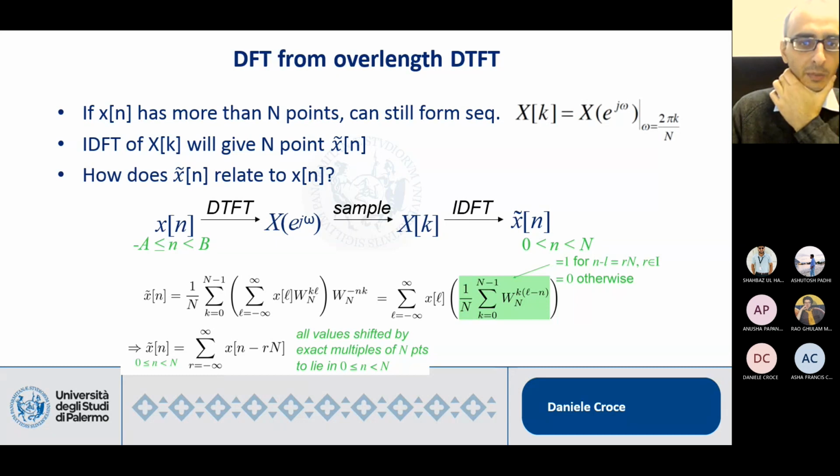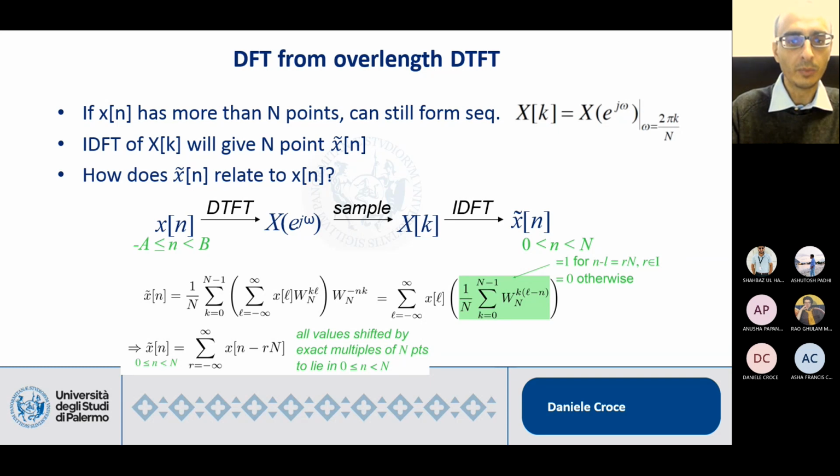So the result will be the infinite summation of the sequence x, but l must be equal to n minus r capital N. So basically, only these elements will be inside this summation.